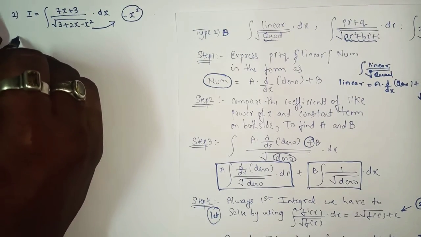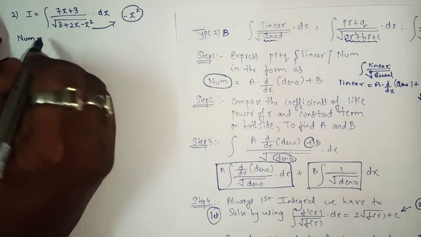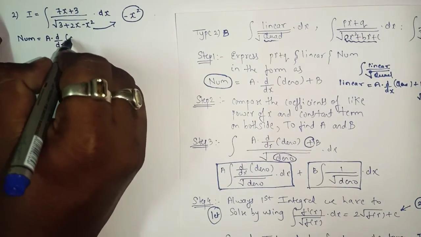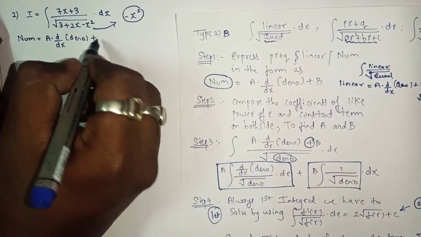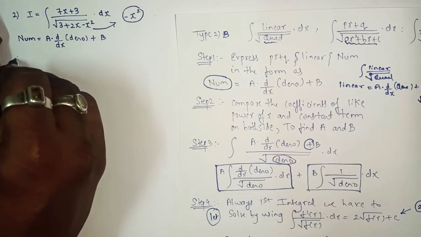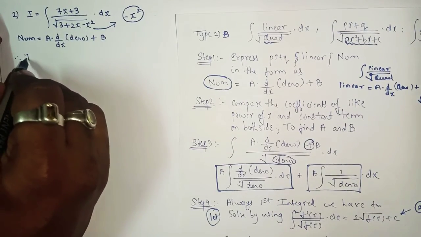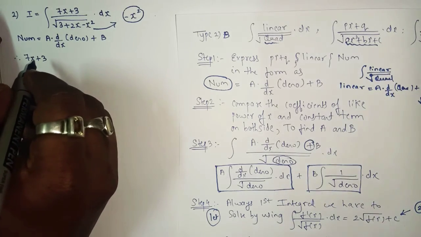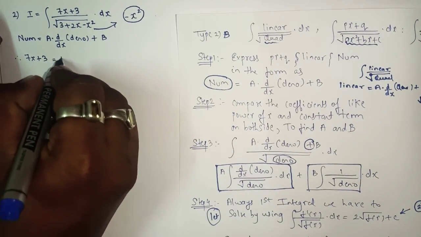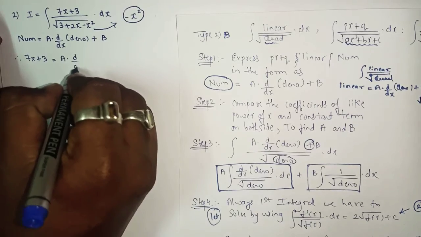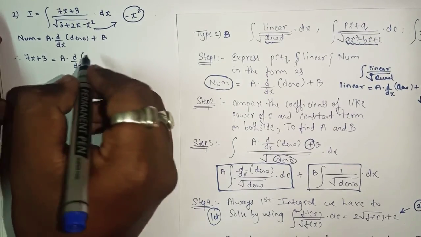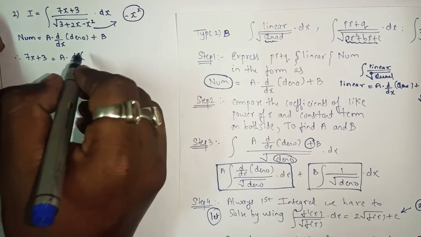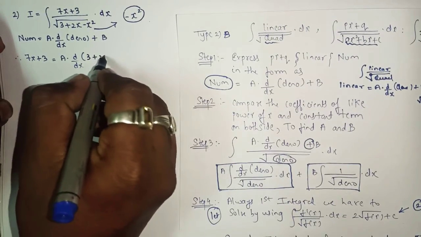So your numerator is 7x plus 3, equals a into derivative of denominator. As I told, the denominator is the quadratic part. Don't consider root quadratic. So you will write only the quadratic section.